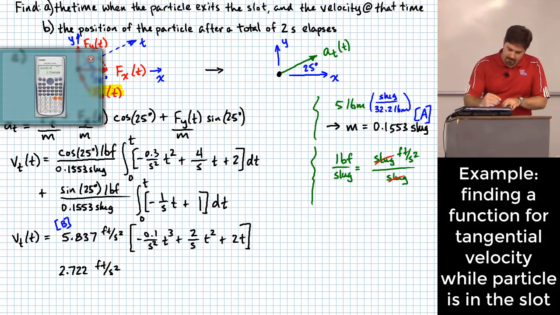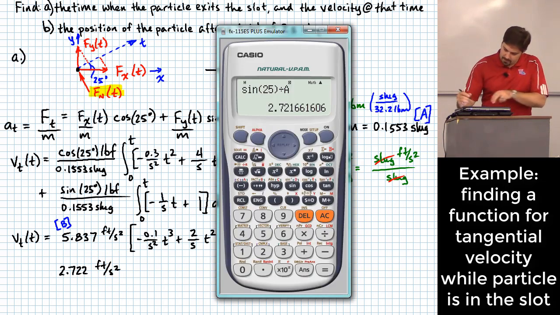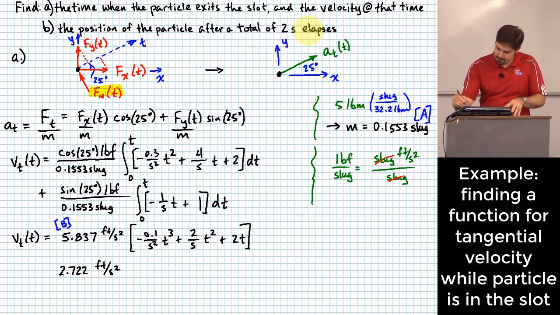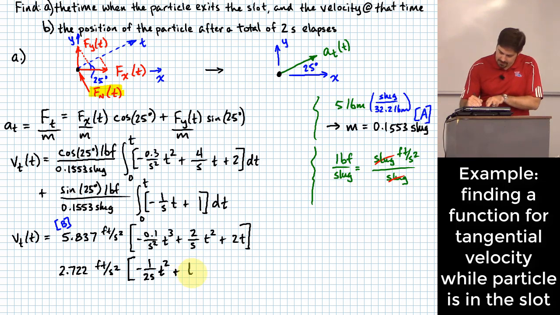Let me store that in my variable c. All right. Now let me do this integral. Increase the exponent of t by 1, divide by the new exponent. So that basically gives me minus 1 over 2 seconds t squared plus t.